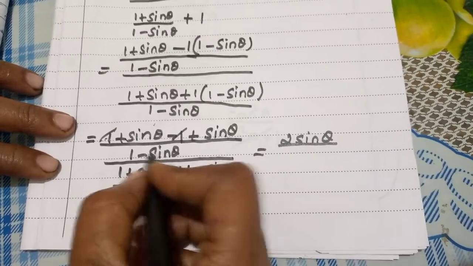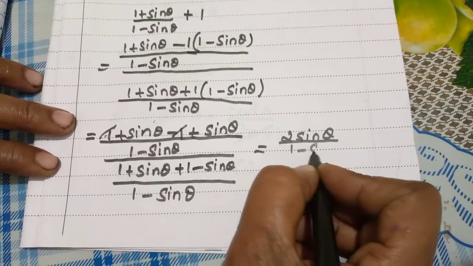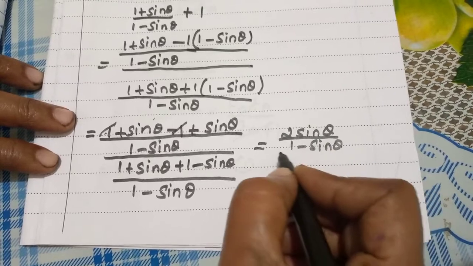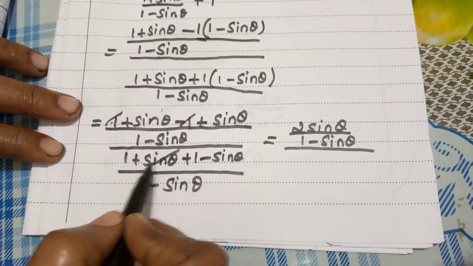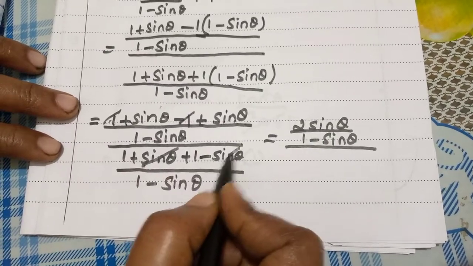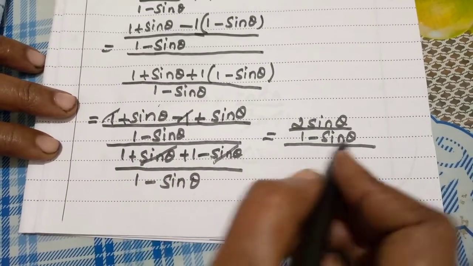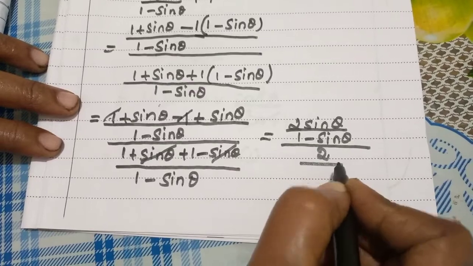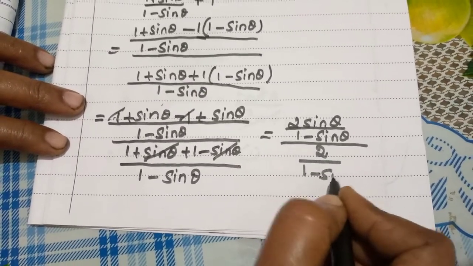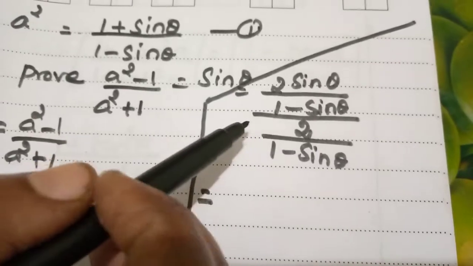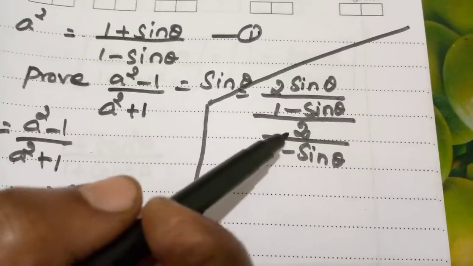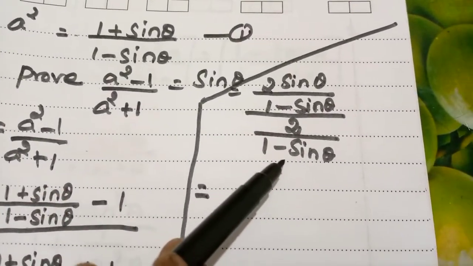Remaining we have sin theta plus sin theta, 2 sin theta, divided by this denominator 1 minus sin theta, divided by, now see here, plus sin theta minus sin theta can be cancelled. Remaining 1 plus 1, 2 by 1 minus sin theta. So 2 sin theta by 1 minus sin theta divided by 2 by 1 minus sin theta.